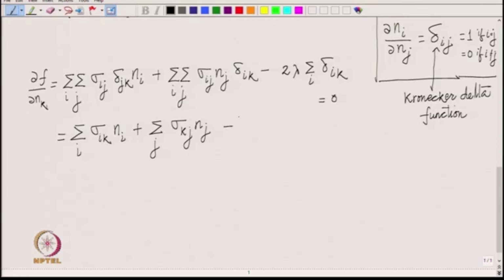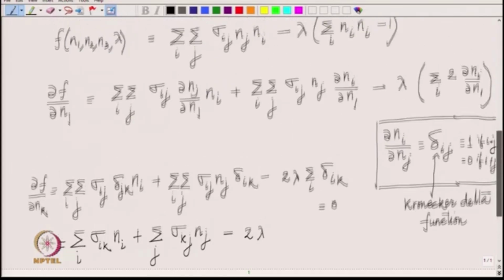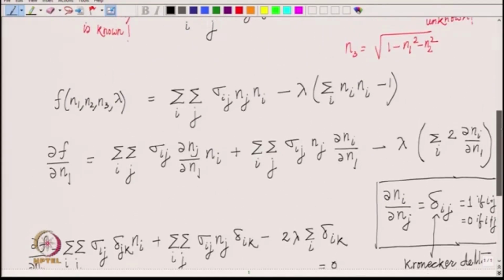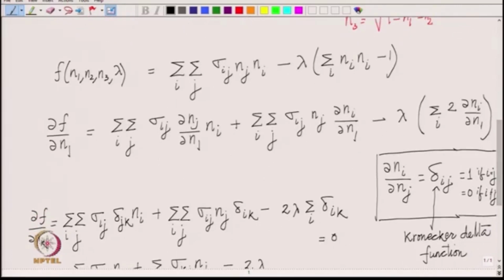Minus, the last term is simply minus 2 lambda, and okay, I guess I have missed something here. In the last term there should have been one n i also, right. So, one n i is also going to be there.